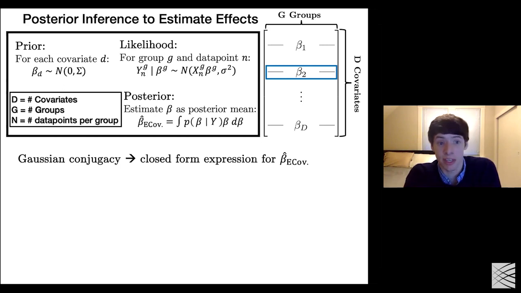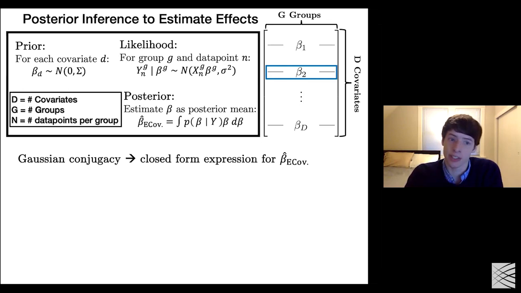This means we get away from having to use things like Markov chain Monte Carlo or empirical Bayes. I should also say explicitly, I'm going to denote the estimate coming from this approach by beta hat eco, for exchangeability of effects across covariates.